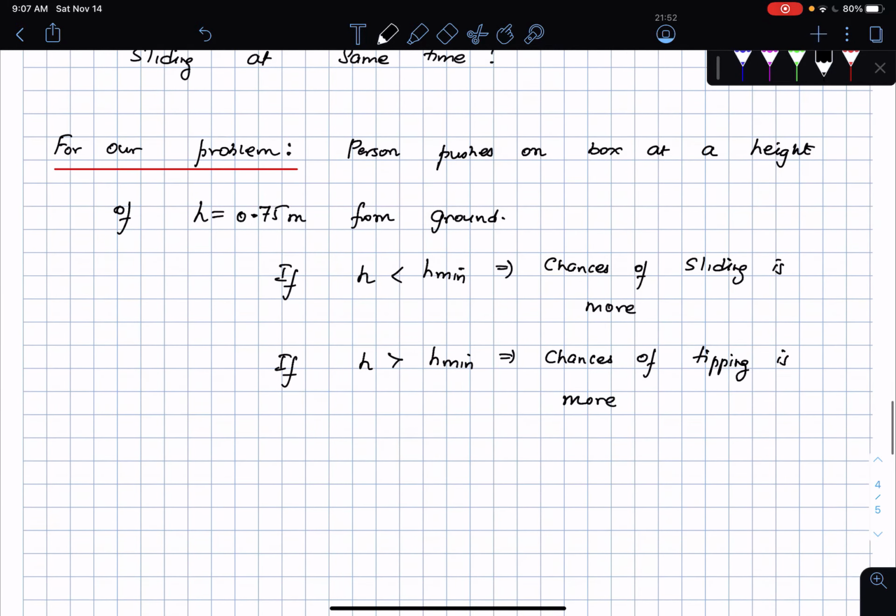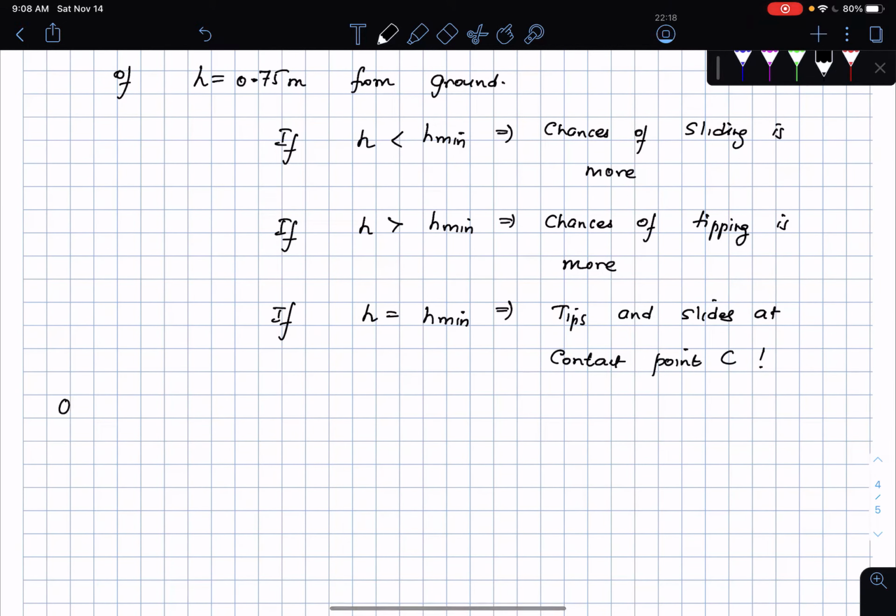And if h is equal to h minimum, then it tips and slides at the contact point C. If it is tipping, then there's going to be only one point of contact between the box and the ground, which means the sliding is going to take place at the same point as well. So what is our aim then? Our aim is to calculate this h minimum.